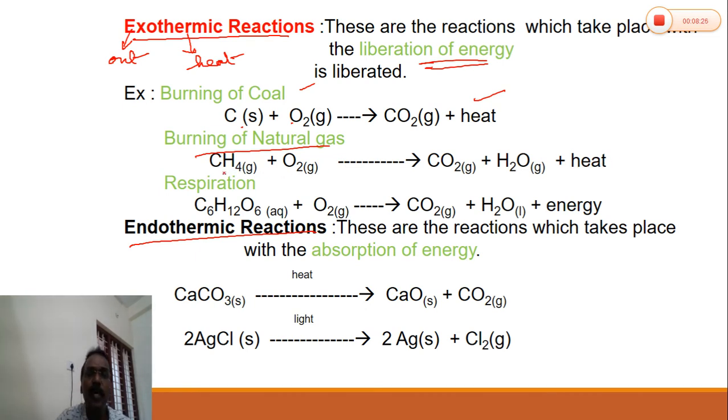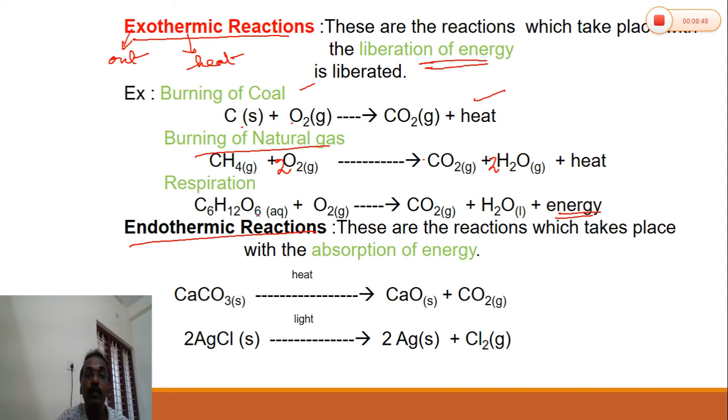This equation is not balanced. CH4 has hydrogen 4, so put 2 here for water, and oxygen 2 plus 2 makes 4, so put 2 for oxygen. Now the equation is balanced. This is the burning of natural gas. The next one is respiration. We know energy is released in respiration, so this is an example of an exothermic reaction.